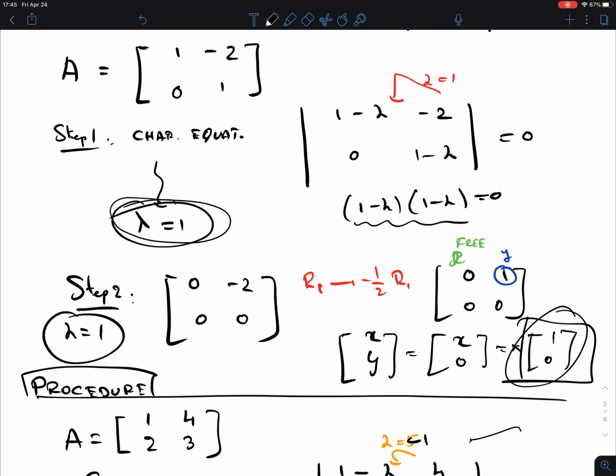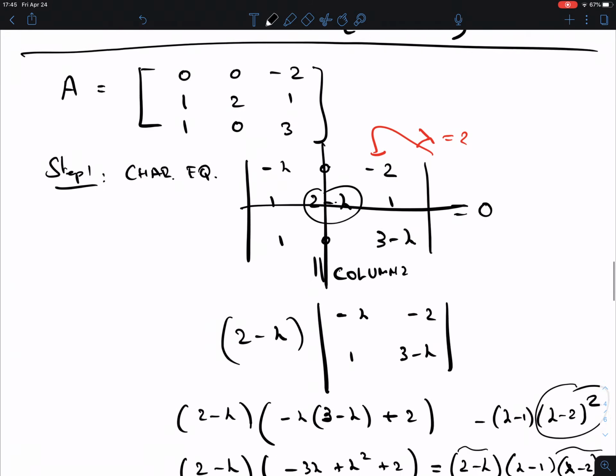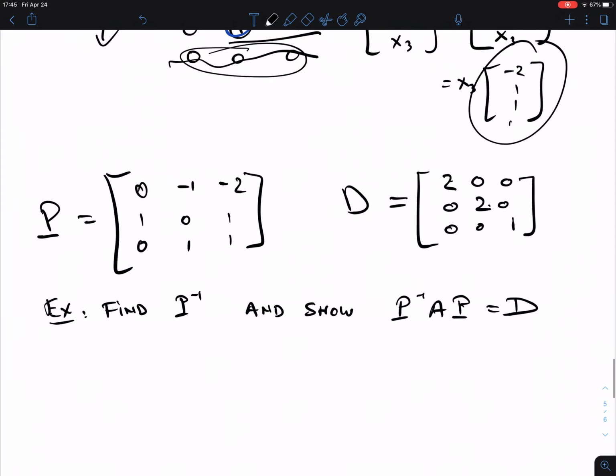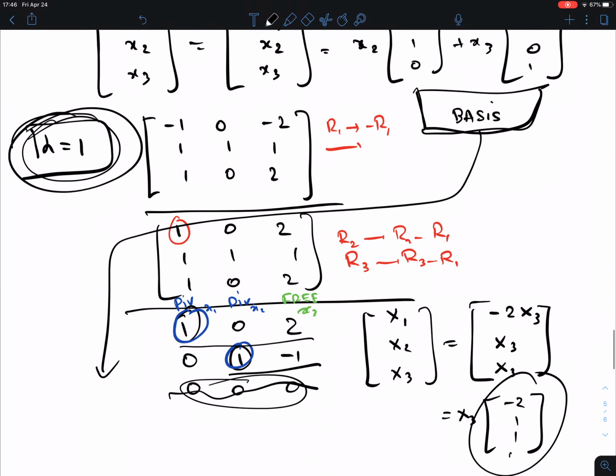So we needed two basis vectors here, but we only had one. The dimension was only 1, it had to be 2. That's why we don't have enough to make a P. Here we are not in that situation. Here P is a 3 by 3 matrix, so we need 3 columns. Each eigenvalue gives at least one column, because that's the definition of an eigenvalue. There is at least one eigenvector, so we can always use that one.